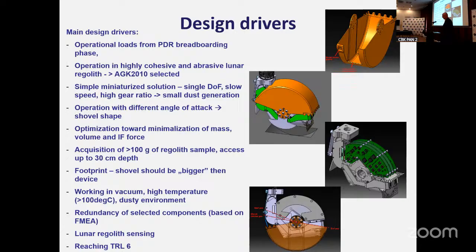So this density is really important. But for this device, another design driver was crucial. This is the footprint, meaning we wanted to have a device where the shovel is bigger than the cross section of the whole device.